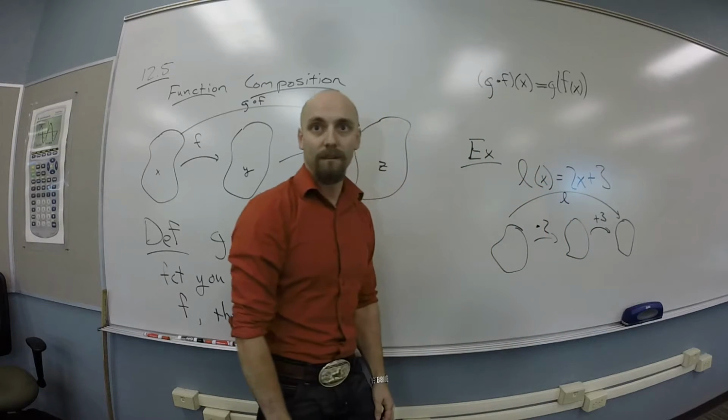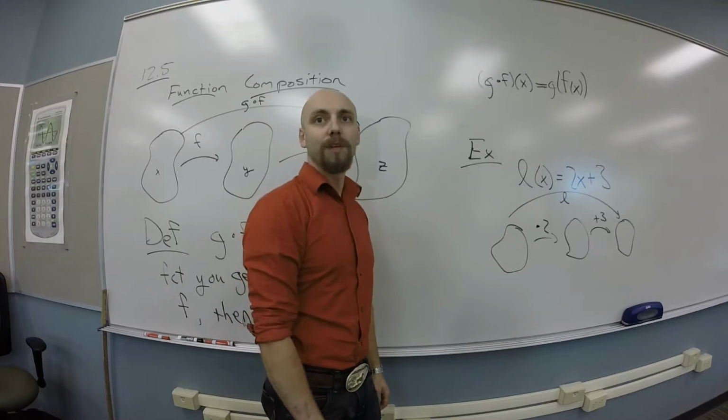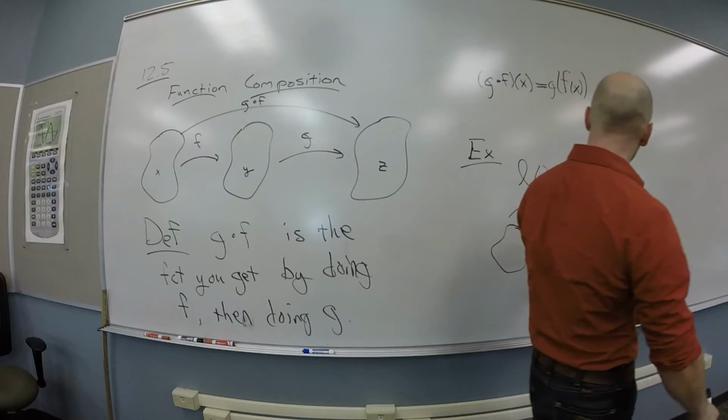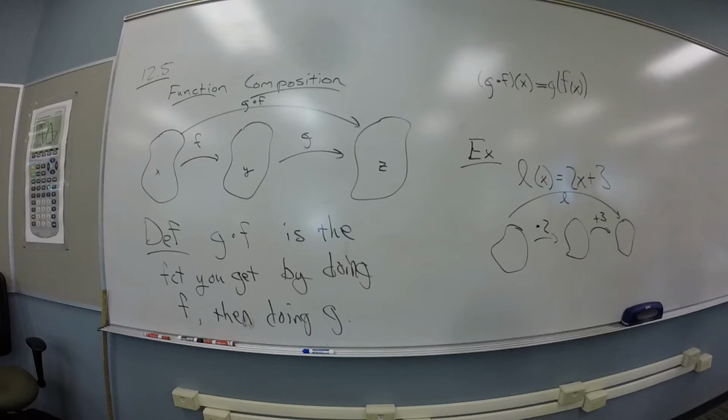We're just naming the pieces. So really this is me just saying, I've got L of x is 2x plus 3. I could think of that as, if f of x is 2x and h of x is x plus 3, then I could replace my object L of x by first doing f, then doing h, where the x in h of x is f of x.